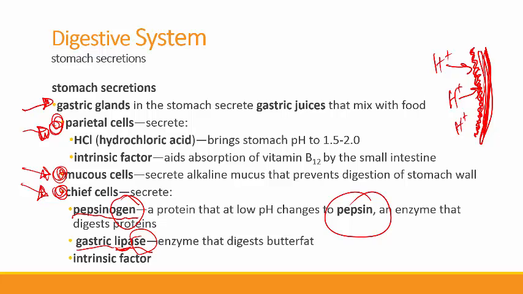And gastric lipase specifically digests butterfat, the fat that we find in milk, not any of the plant oils that we might be using in our cooking, but just butterfat. And then the chief cells also produce some intrinsic factor, again, which is all about aiding the absorption of vitamin B12.